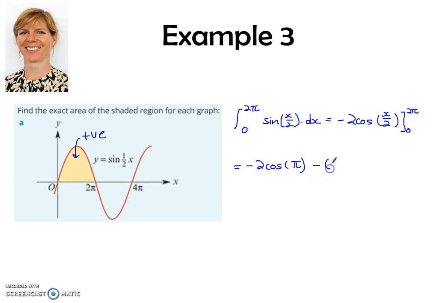And then take, and now we've got negative 2 cos 0. Okay, so I know that cos of pi is negative 1. So we've got negative 2 times negative 1. And then we've got take negative 2 and cos of 0 is just 1 there. Okay, so when you sort out all those negatives, what you end up with is 4 units squared.